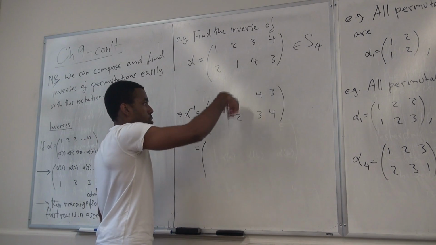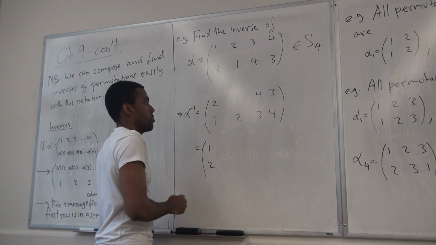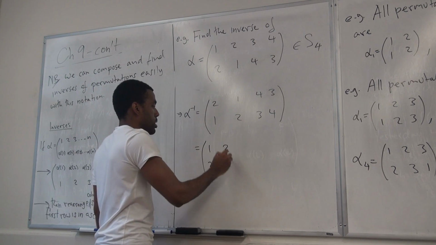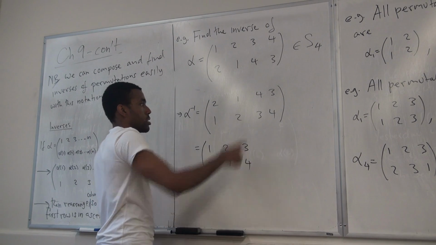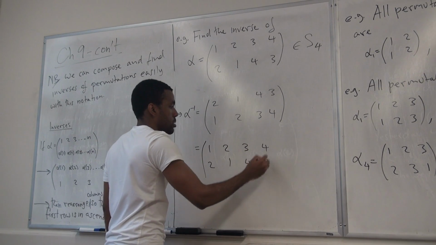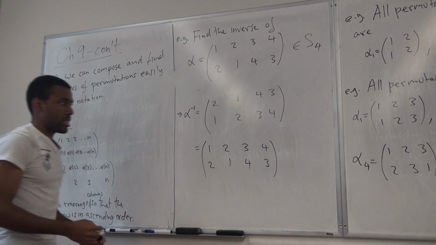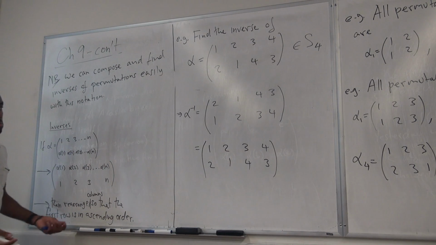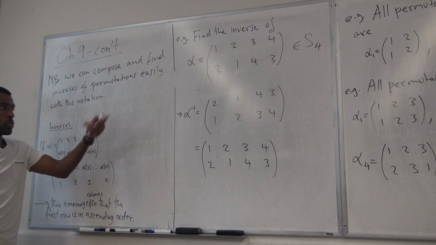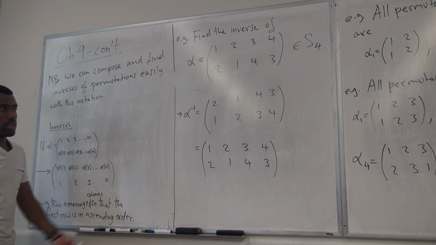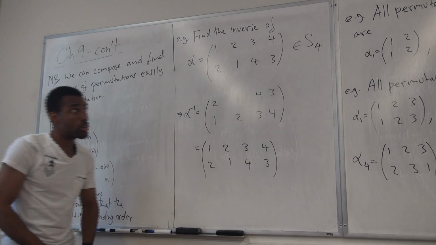Here's the column with the 1, I'm going to put that in the beginning. The column with the 2, I put that second. The column with the 3, I put that third. The column with the 4, I put that last. So that's actually the inverse function. That's basically how we can find the inverse when it's a permutation: swap the inputs and outputs, rearrange so that it starts out with 1, 2, 3, 4.